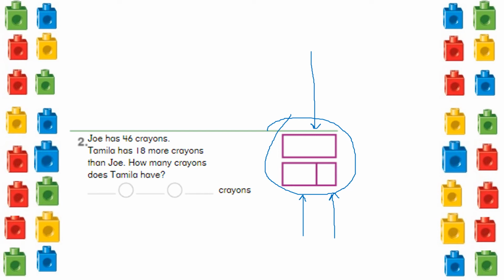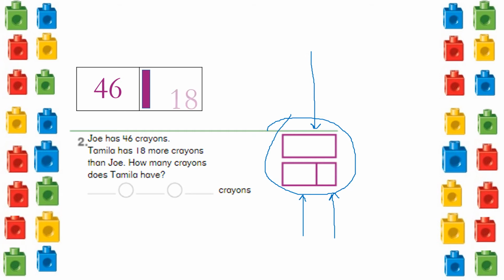So, Joe has 46 crayons. Tamila has 18 more crayons than Joe. How many crayons does Tamila have? Well, we know that Joe has 46 and Tamila has 18 more. So, I'm going to put 18 in that box. 46 plus 10 is 56, 57, 58, 59, 60, 61, 62, 63, 64.